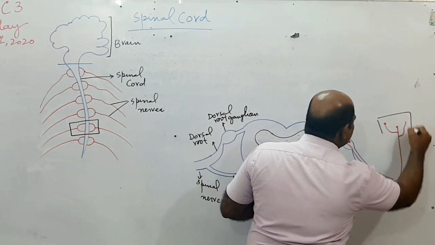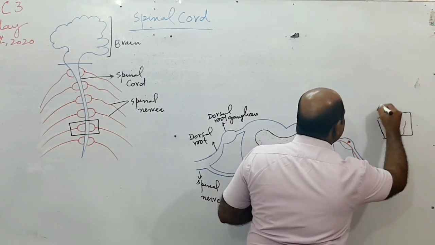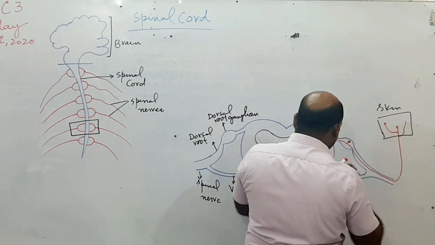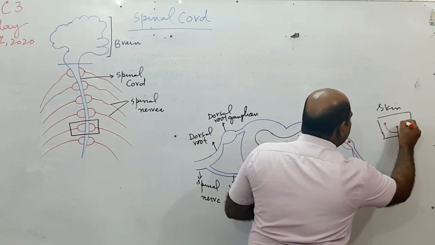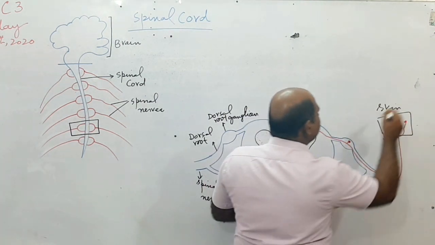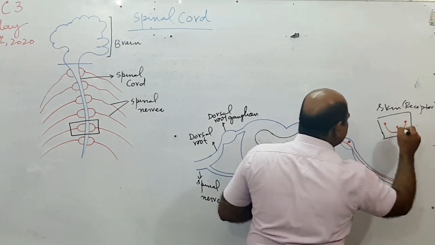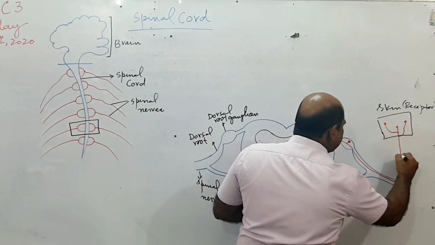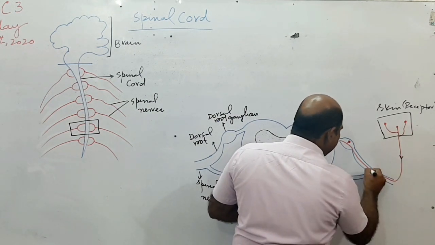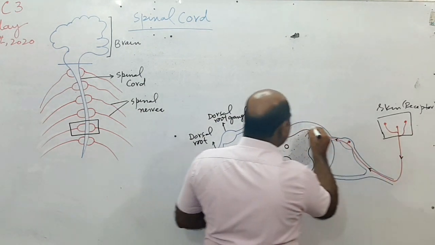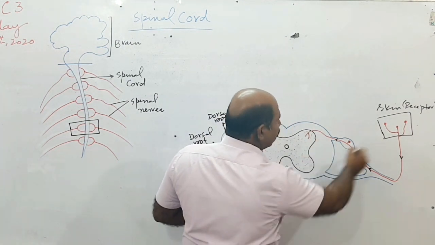For example, it is coming from the skin, and you know the skin is a receptor. So this is the receptor, it's coming like this, and see, the arrows are representing the direction of the nerve impulse.